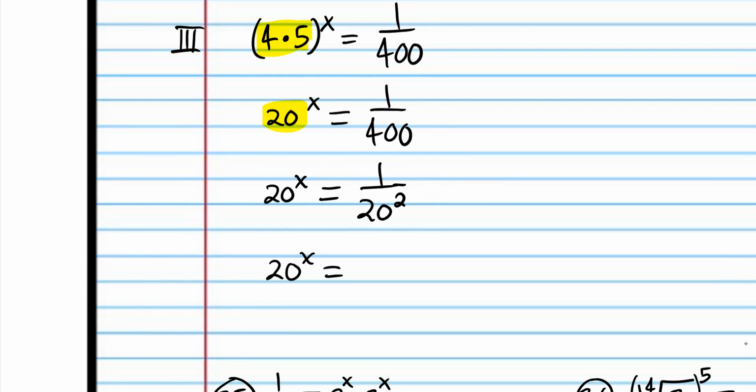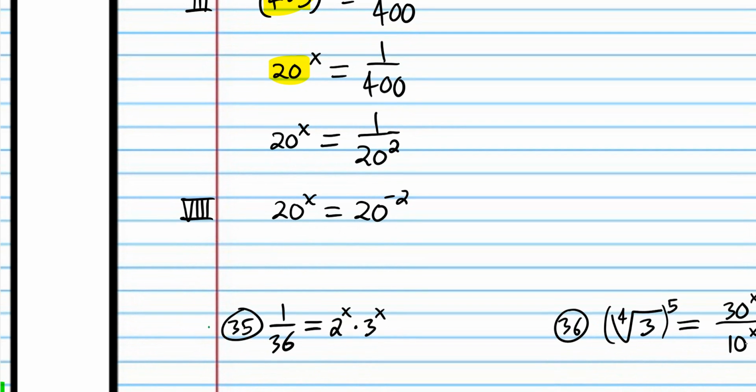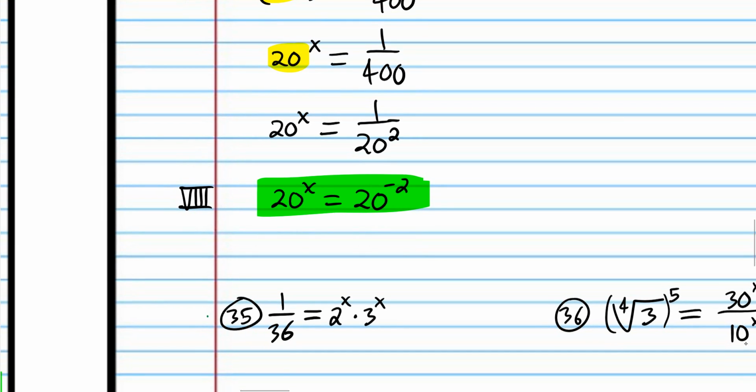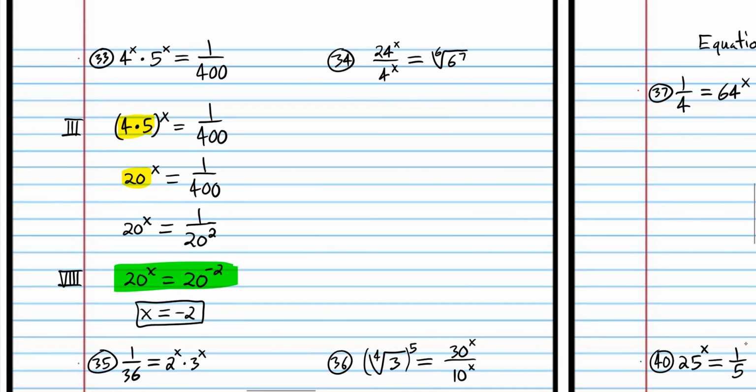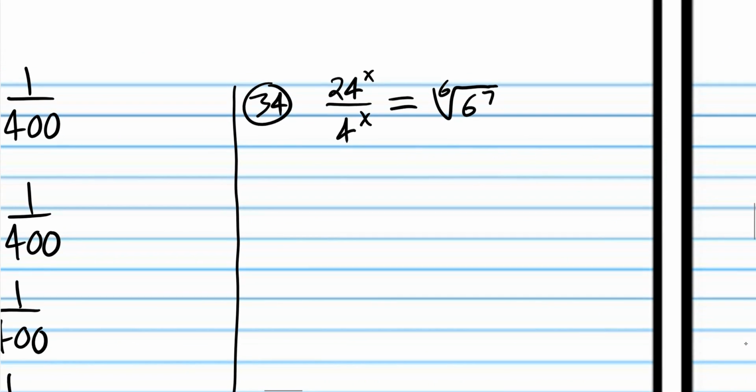So now I'm going to use rule number 8, again going backwards, to turn the fraction into a negative exponent, and then we're at that critical stage, and we know that x equals negative 2. So just another example where we're solving exponential equations with the exponent rules. So now we're going to use rule number 4.